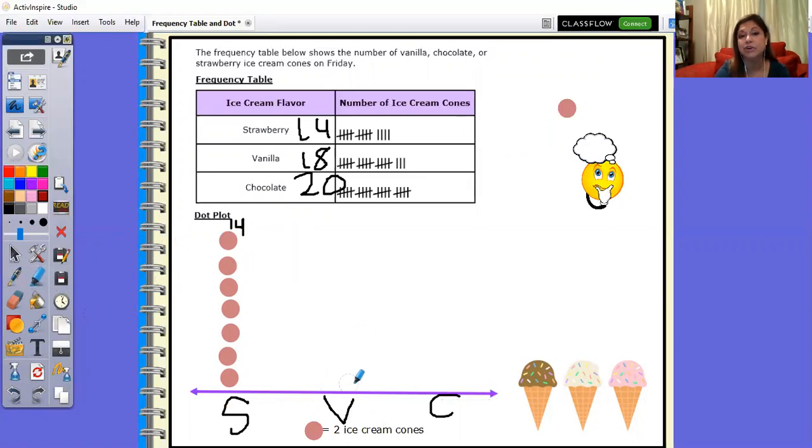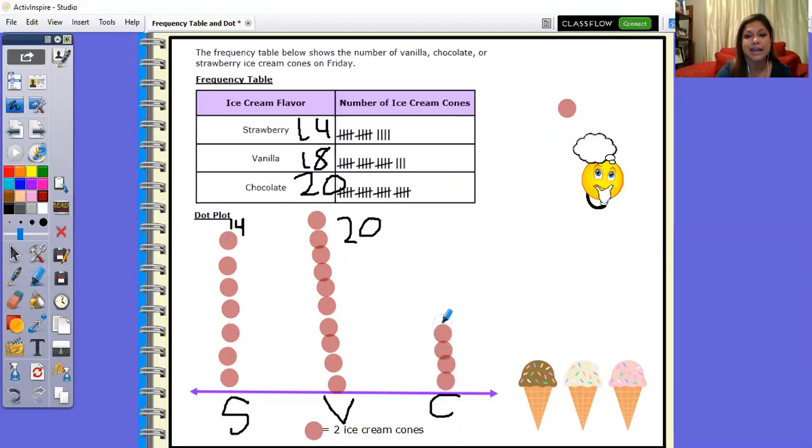I have 18 for vanilla, so it's 2, 4, 6, 8, 10, 12, 14, 16, 18, 20, and I definitely want to write my numbers because these numbers are all 2-digit numbers. And moving on to chocolate, 20, so I'm going to count by 2s. 2, 4, 6, 8, 10, 12, 14, 16, 18, 20.